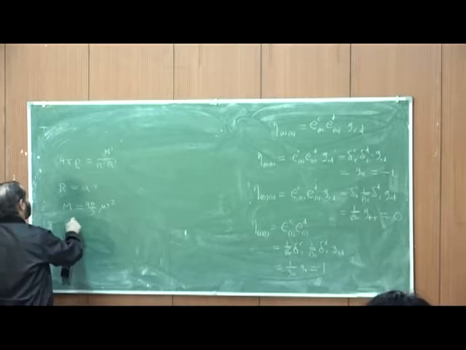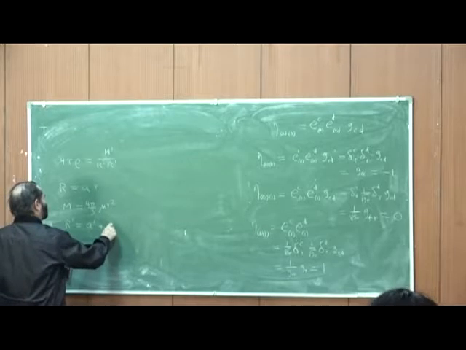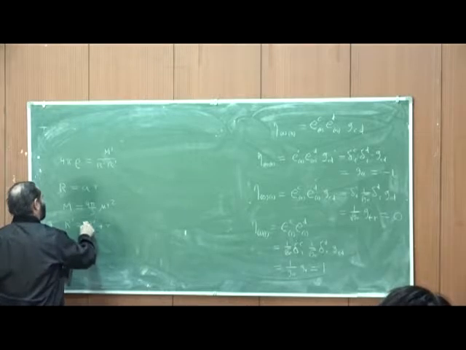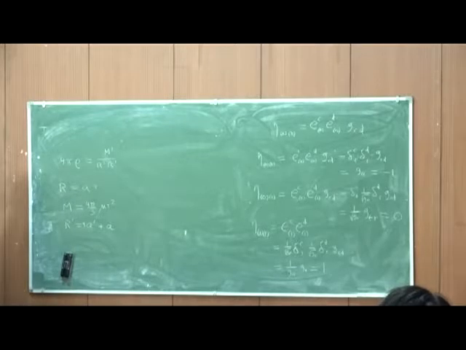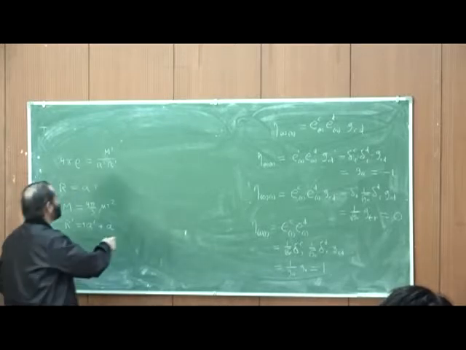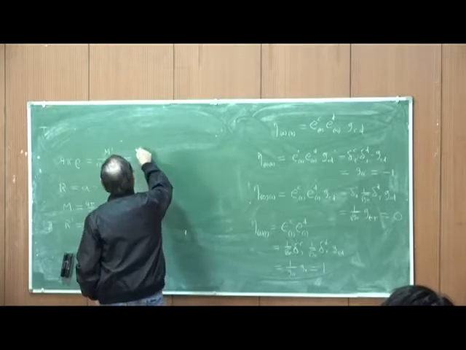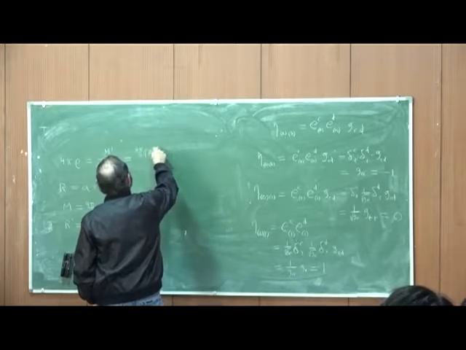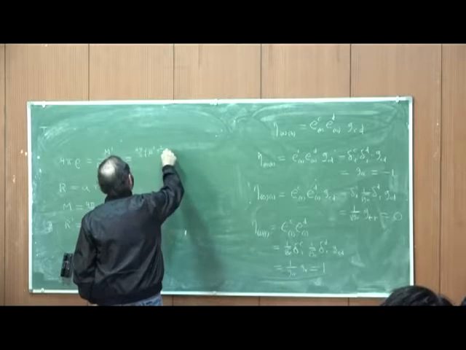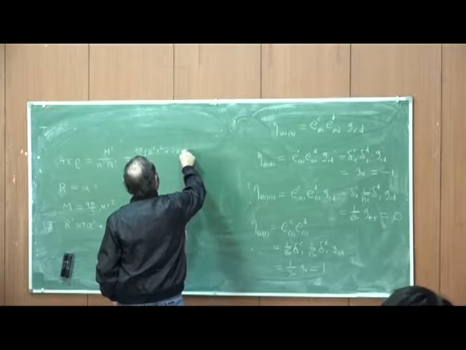So r prime is going to be a prime times r times a, right? We just substitute everything. This is going to be the prime of this, which is first 4 pi over 3, then mu prime r cubed plus 3 mu r squared. Okay?